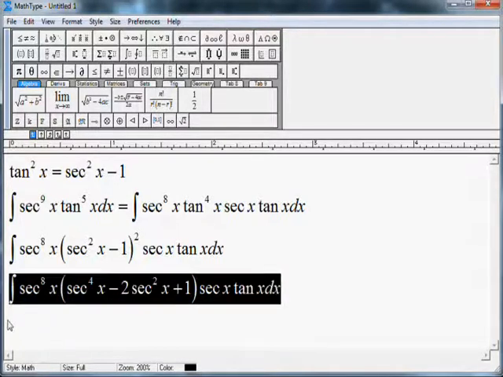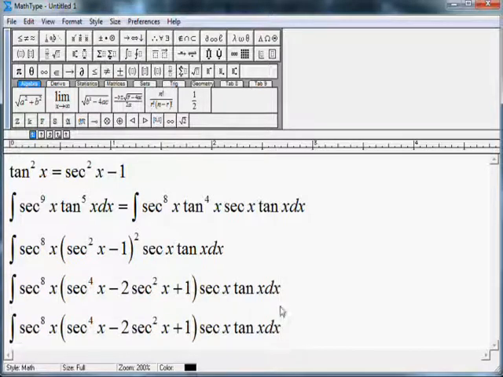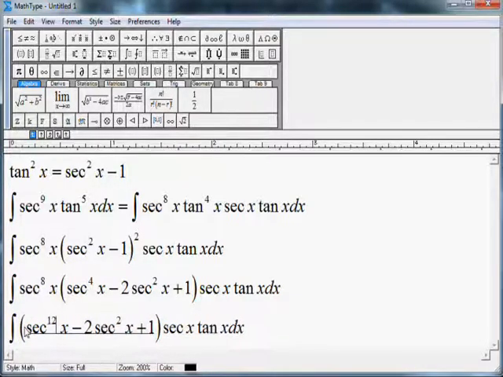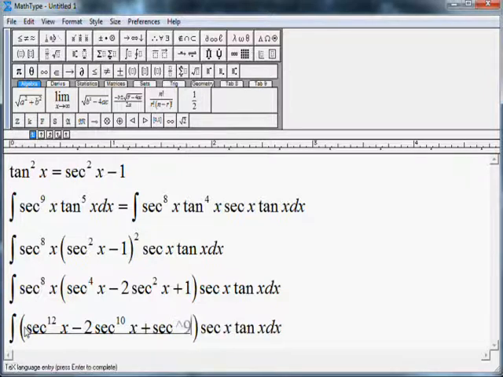Then we are going to distribute this secant inside, this one only on the left. So this is going to be secant to the 12th, this is going to be secant to the 10th, and then this is going to be secant to the 8th x.